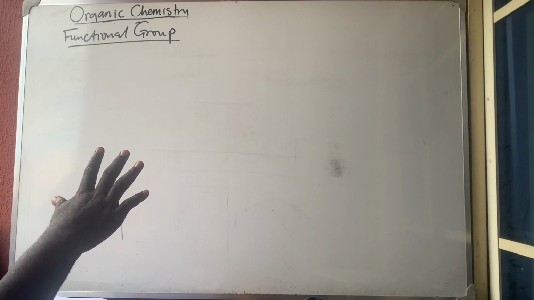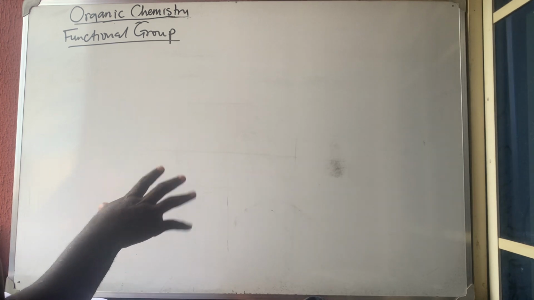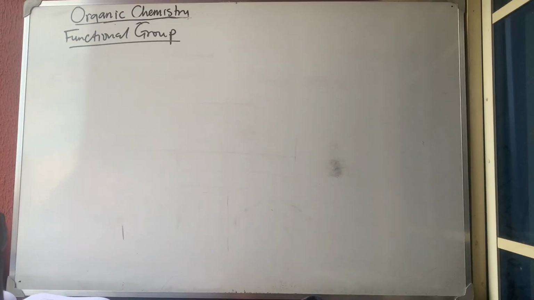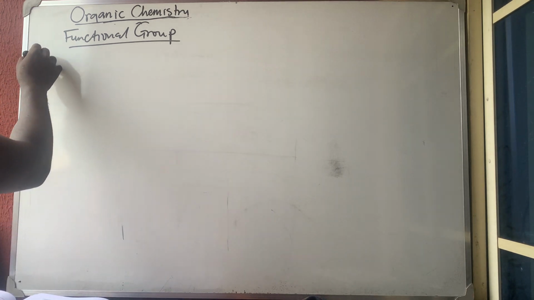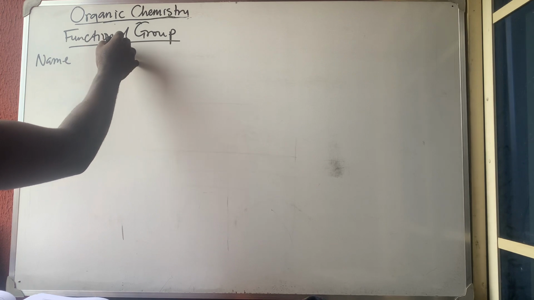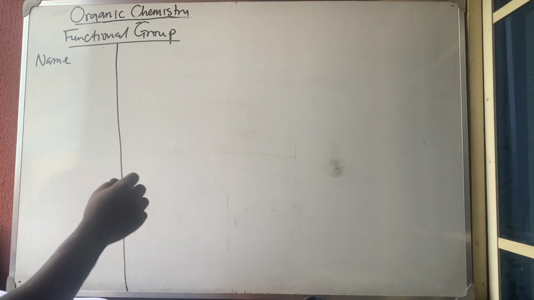Now we're going to draw some families of the homologous series, indicating their general formula, their functional group, their prefix, and their suffix. We're going to start from their name so that you will know all the families of the homologous series.